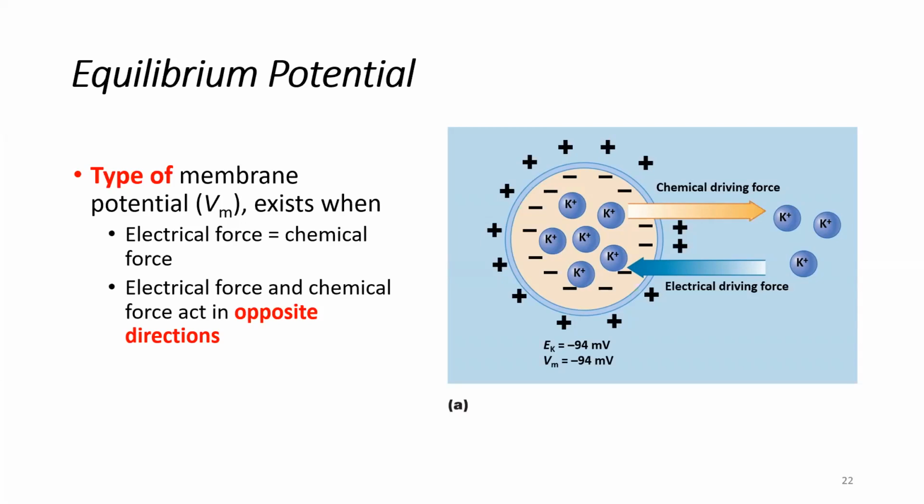So I'll recap that here again. The equilibrium potential is a form of the membrane potential, but it only exists when the electrical force is equal and opposite to the chemical force. And so the opposing forces cancel out and we see zero movement. Another way of thinking about that is that the particles are at equilibrium.